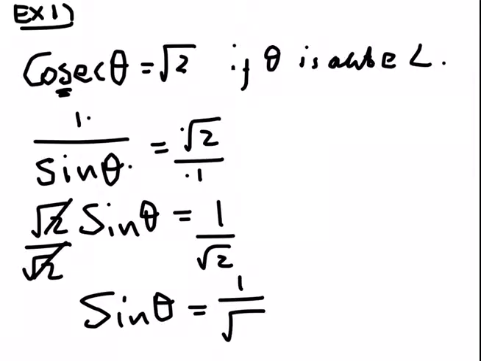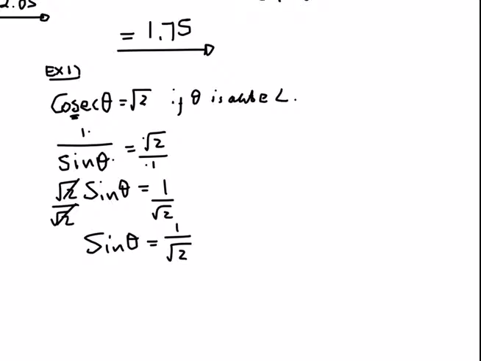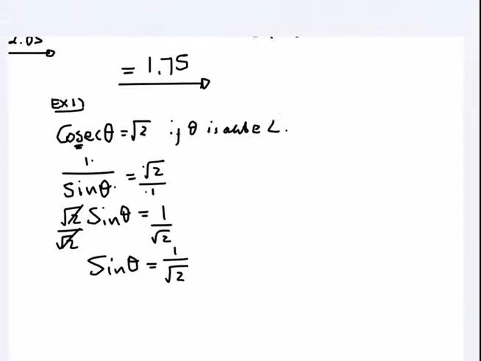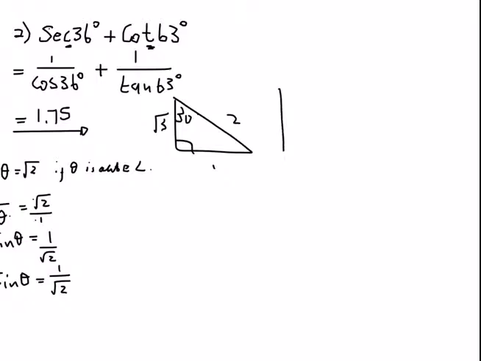1 over square root of 2. So for this ratio, since they said without using a calculator, I must in my mind think of those special angles, because those are the ones where no calculator is required. If you remember, we have the one for 30 degrees, where we have square root of 3, 1, and 2, and then another one for 45, where we have 1, 1, and then square root of 2.